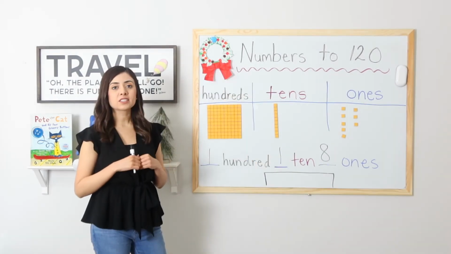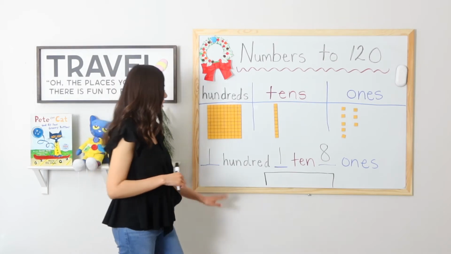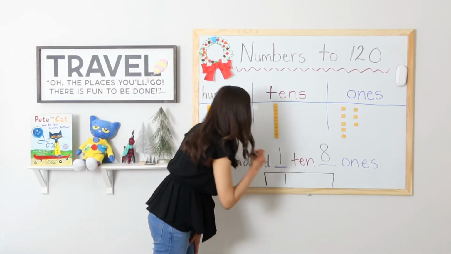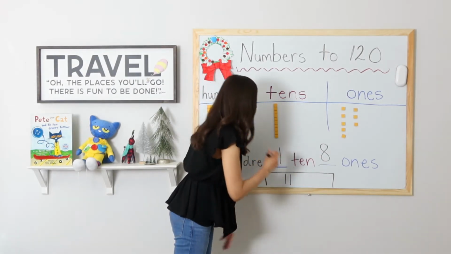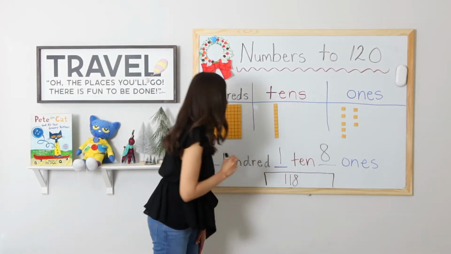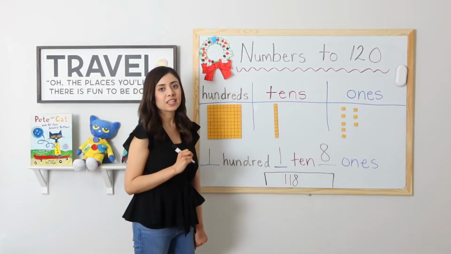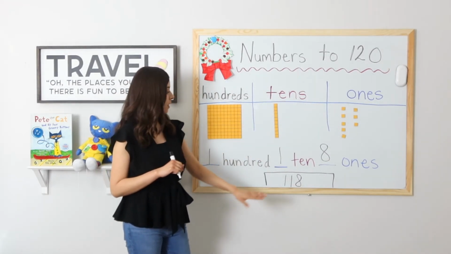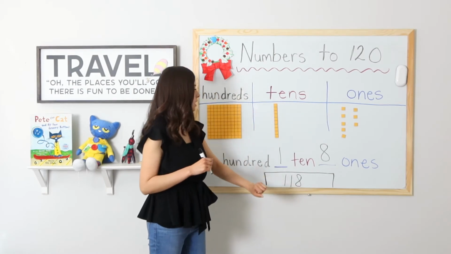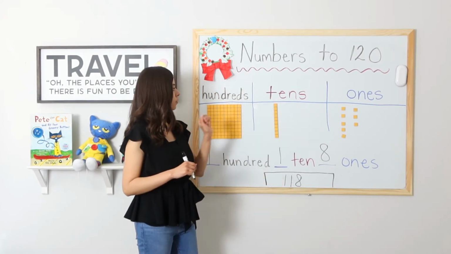Now let's go ahead and connect our digits. 1 in the hundreds place, 1 in the tens place, and 8 in the ones place. That's 118. Is this correct when I count? Let's see if I end up with 118 when I count.